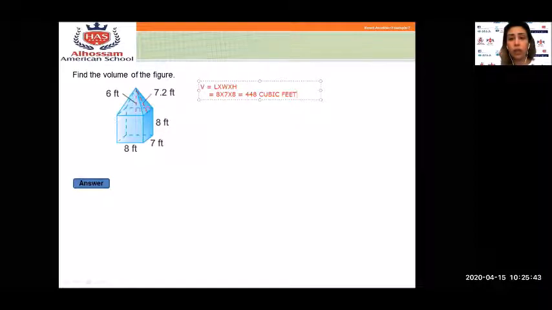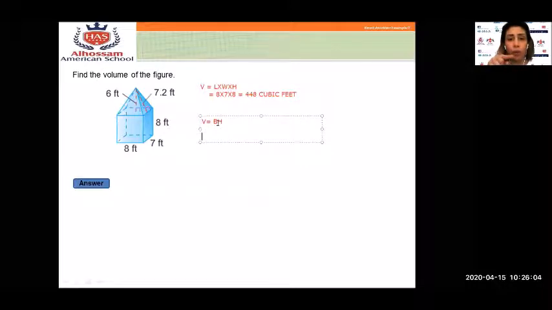And then the second shape. Volume equals base by height. And the base here is what? This is a pyramid, right?